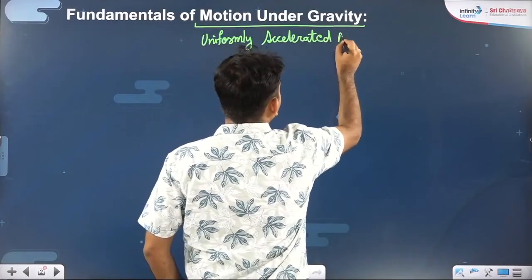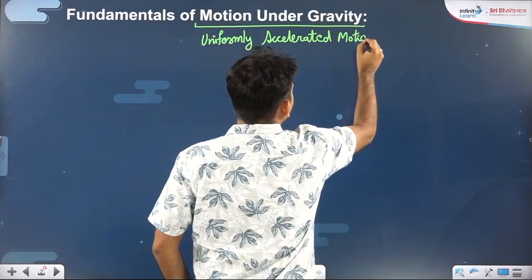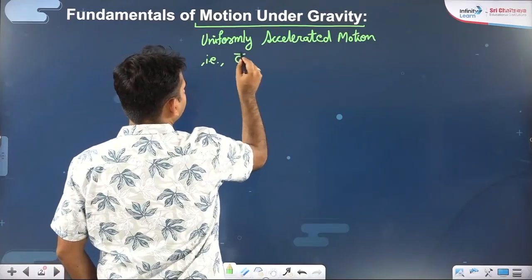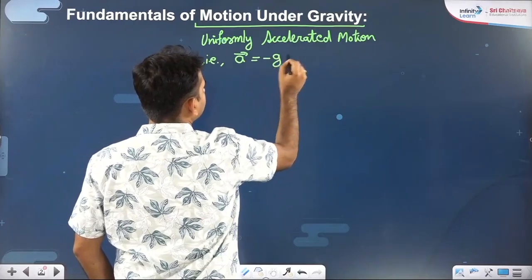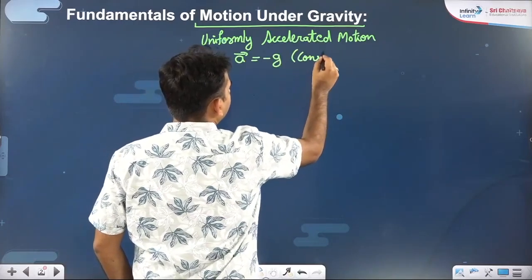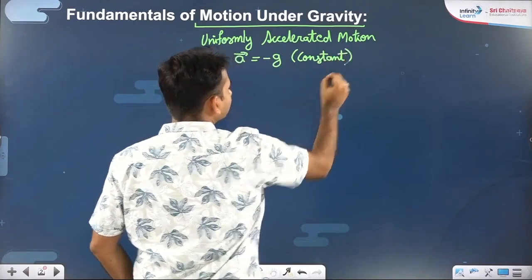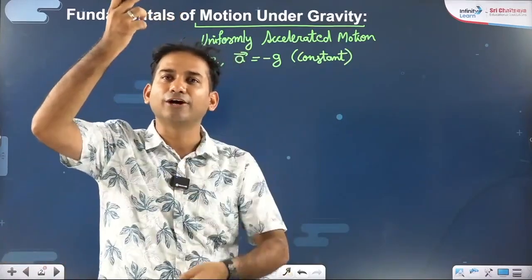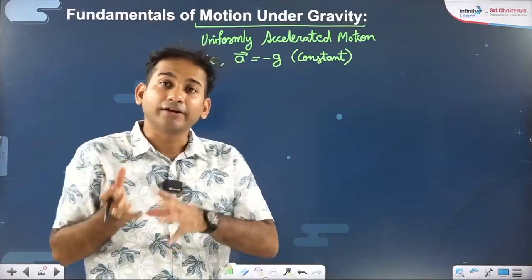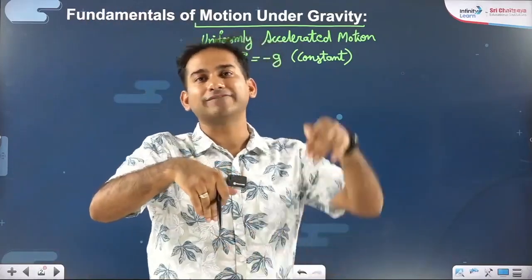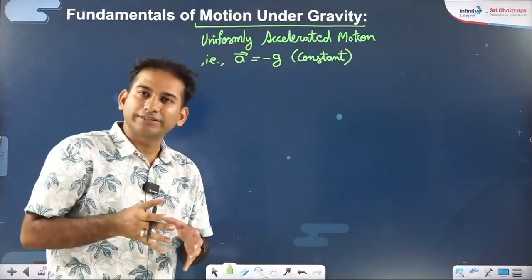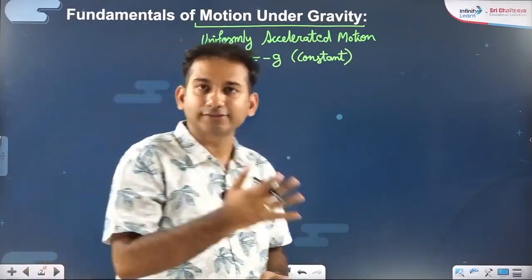In this uniformly accelerated motion, the acceleration is going to be equal to minus g, which is a constant. Now, a few of you are under the impression, sir, that if the body is moving up, gravity is acting down, take it as negative. But if the body is moving down and gravity is acting down, let's take it as positive. Generally students are habituated to think this way.